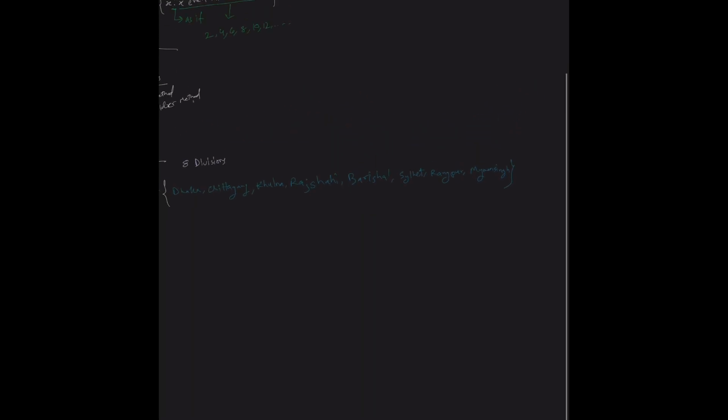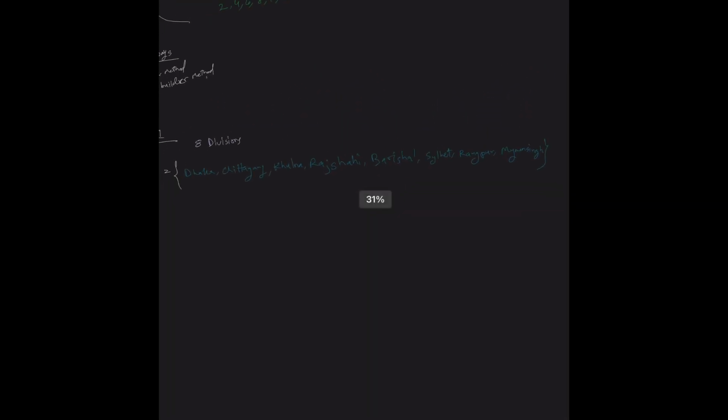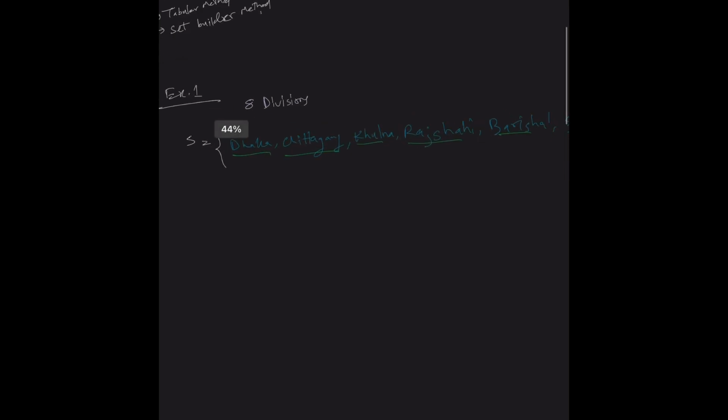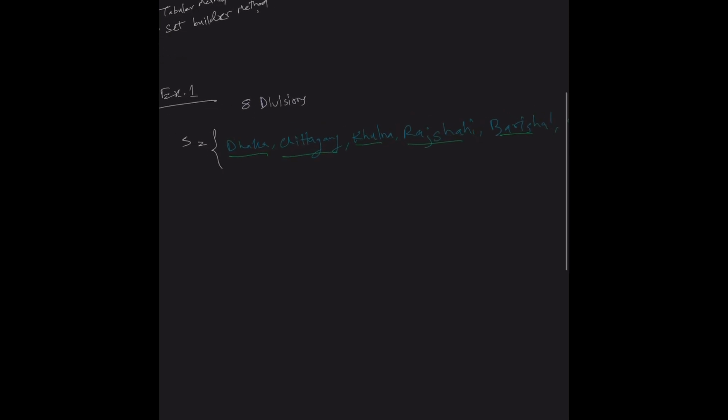So these are all the 8 divisions of Bangladesh. All the 8 divisions: 1, 2, 3, 4, 5, 6, 7. So this is a tabular way of representing all the 8 divisions of Bangladesh. And now, if we are to represent this in the set builder method, then this would look like this.